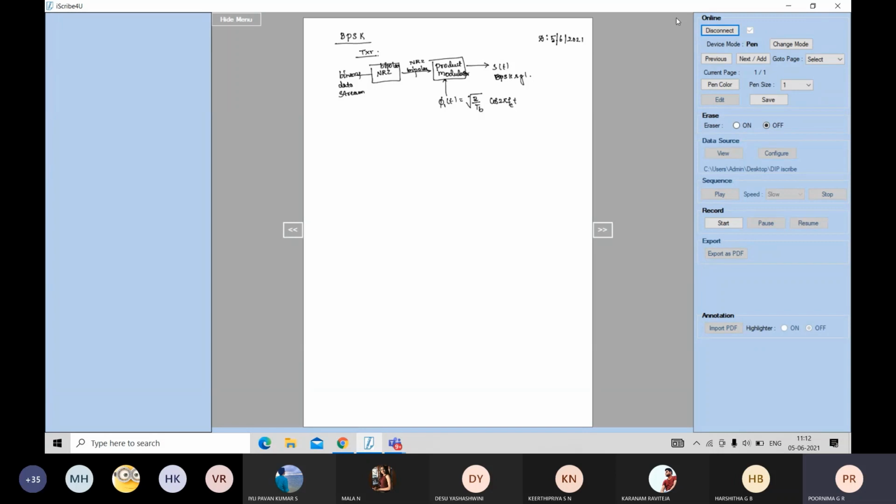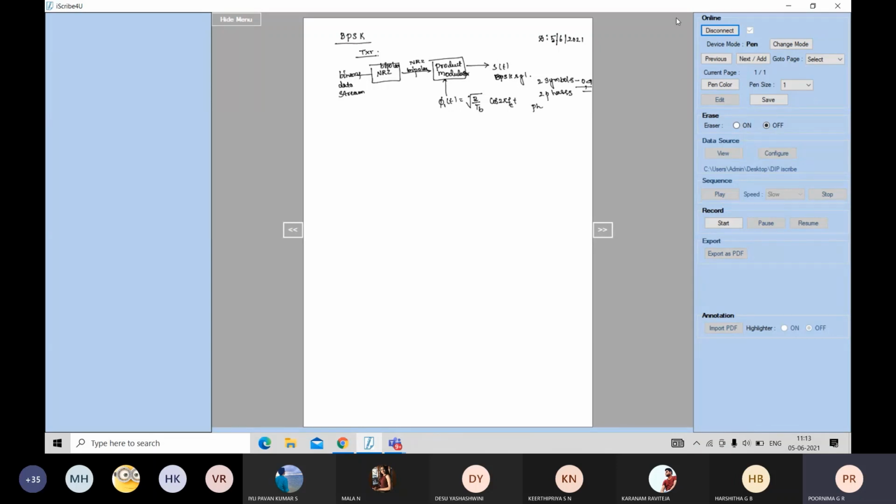So this BPSK signal, since we are giving two phases in a BPSK, and for two symbols in BPSK we will be considering two symbols 0 and 1. Since there are two symbols 0 and 1, two phases are selected.